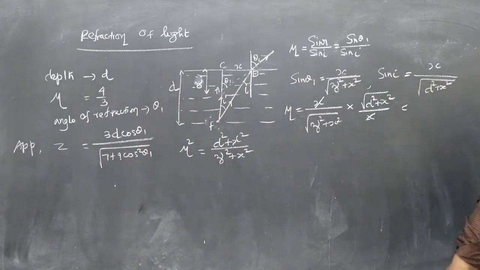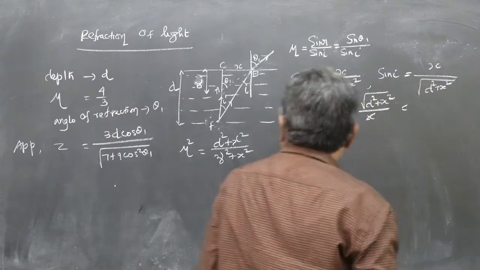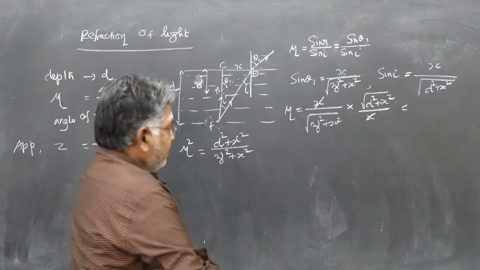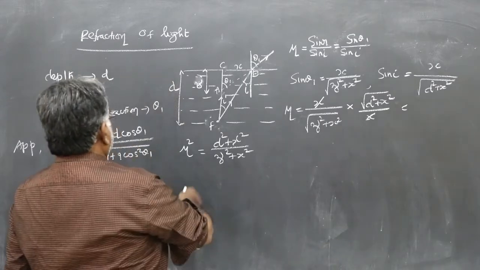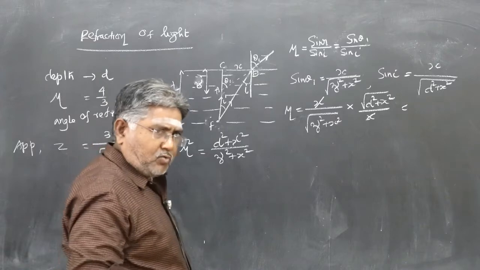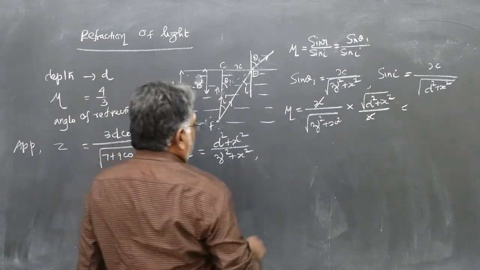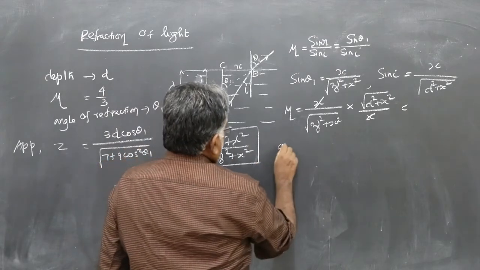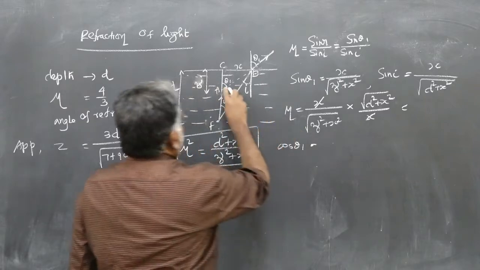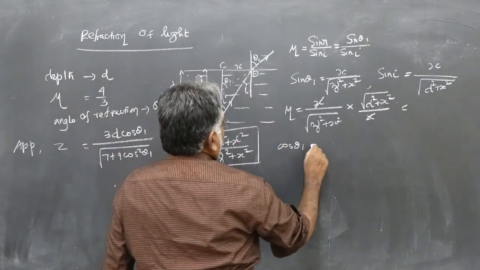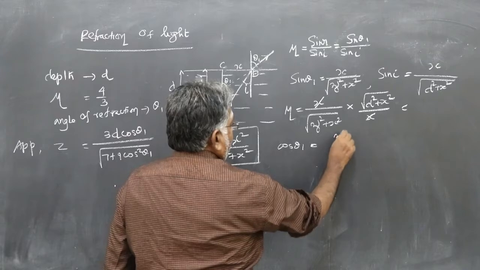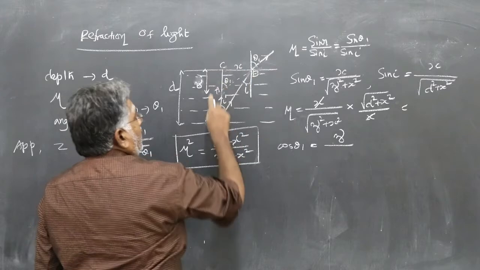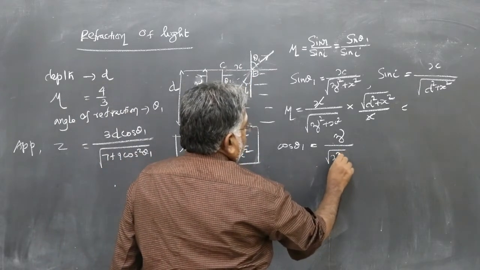Right? Now again I have to remove this x square somehow from the expression, and also I have to bring in cos theta 1 or cos square theta 1. So what you can do here: cos theta 1 is equal to AC, which is z, by AB, which is again root of z square plus x square.